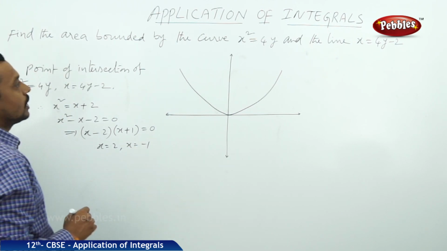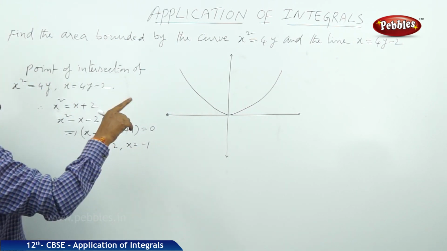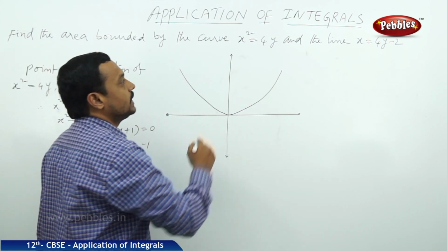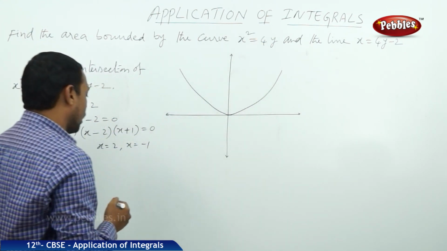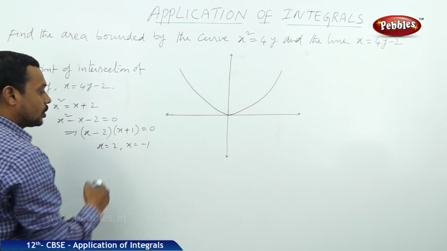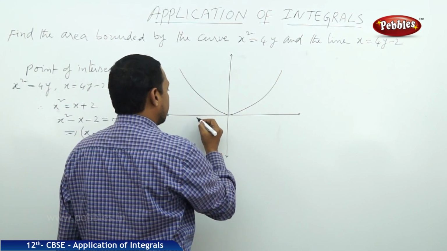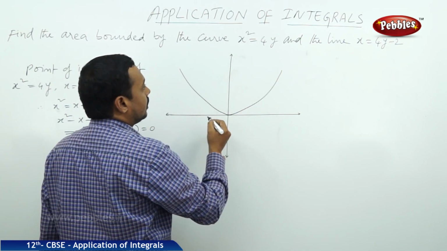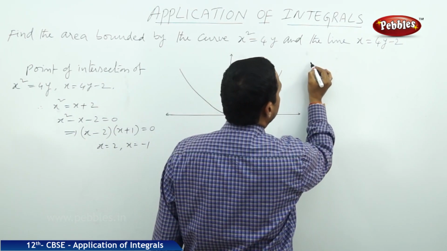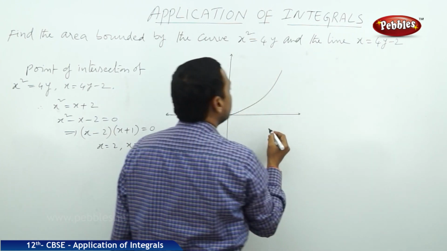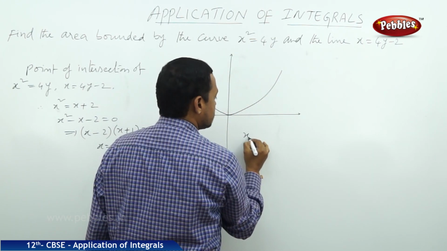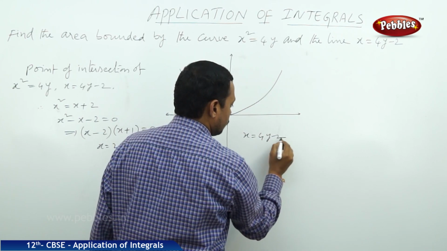That means the straight line x is equal to 4y minus 2 intersects the curve at two distinct points whose abscissae are 2 and minus 1. Like this.